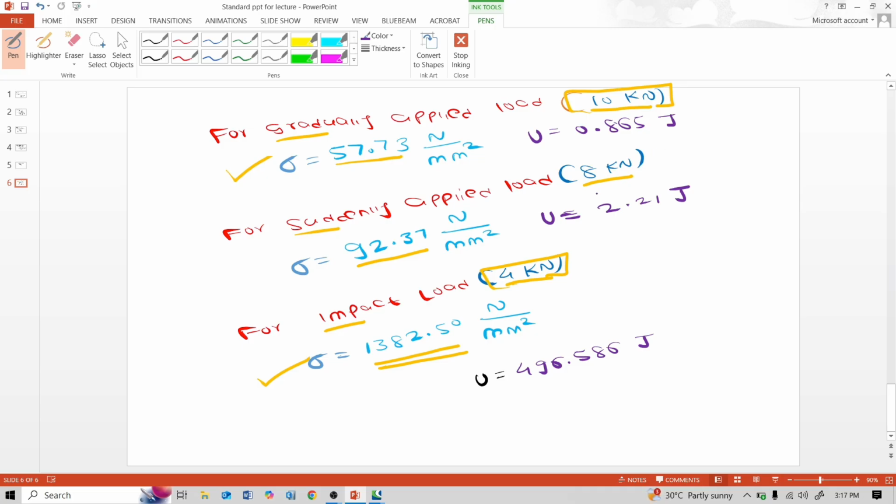Similar to stress behavior, strain energy also behaves the same for gradually, suddenly and impact load. See, 57, 92, 1382 is gradually increasing, and this value is also increasing.